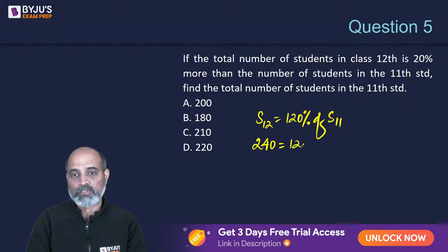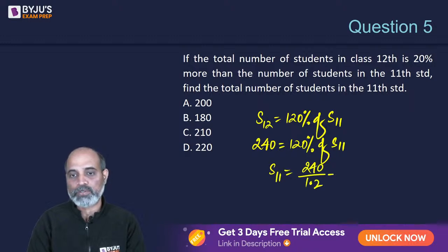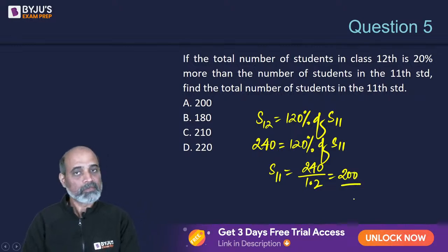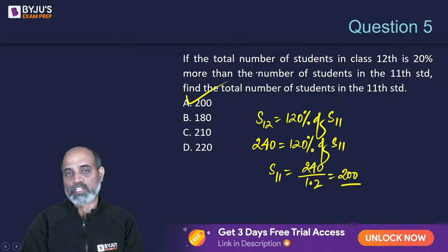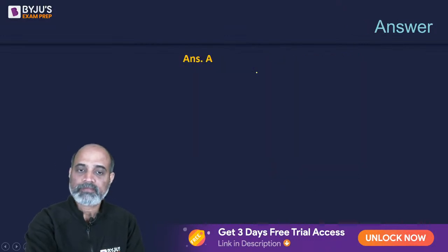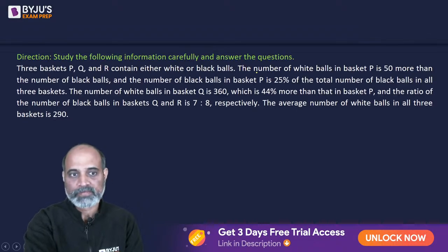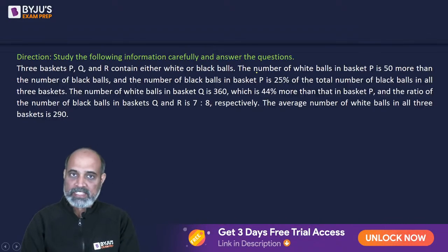So this is 120% of students in standard 11. So students in standard 11 will be 240 divided by 1.2, which gives us 200. Right? So the number of students in standard 11 will be 200. Option A. Okay. Next set.